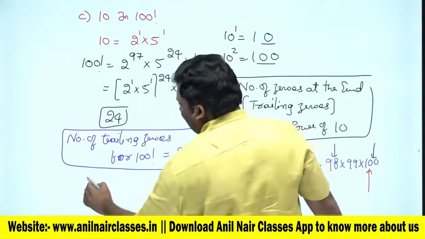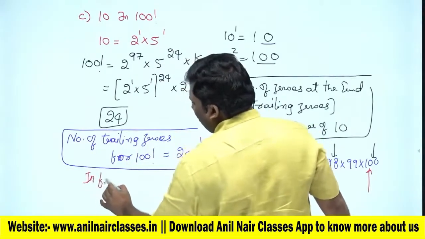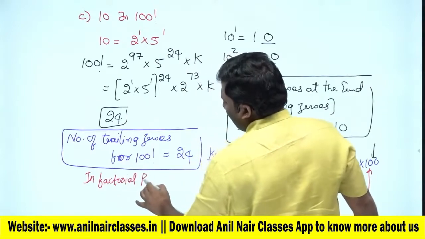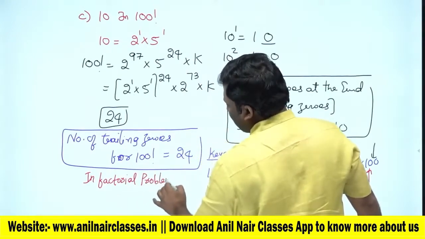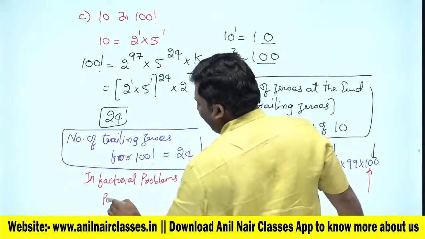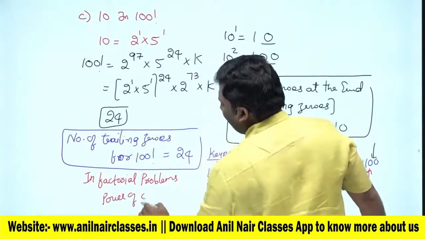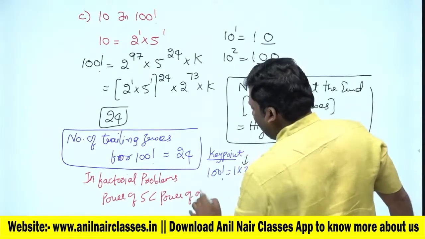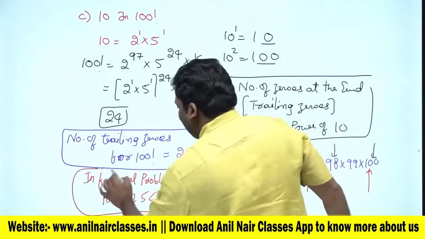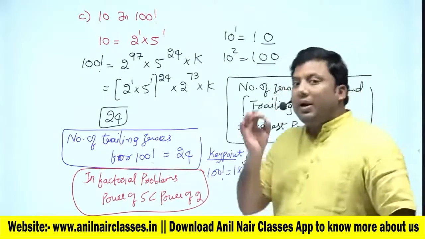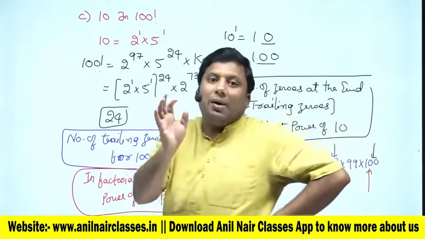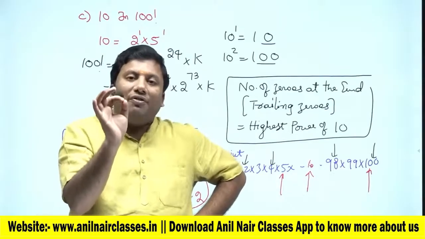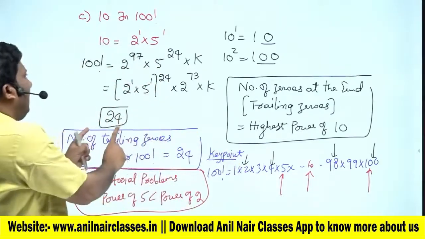That means, please write down this point. In factorial problems, power of 5 is less than power of 2. Very, very important key point. Because power of 5 is less than power of 2, I will be taking the highest power of 5 if I am finding the trailing zeros.